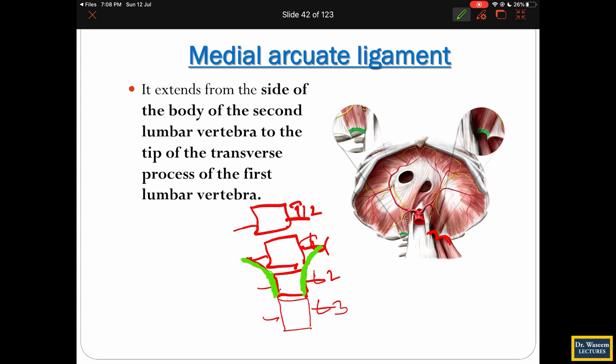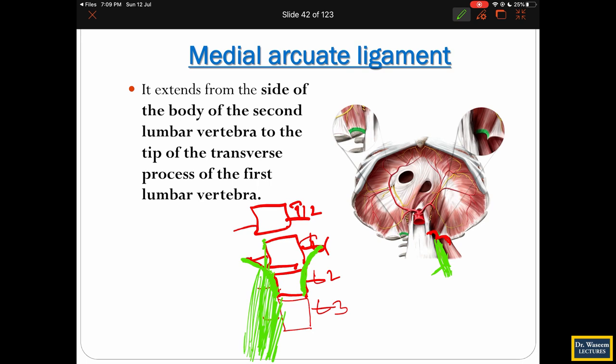Actually, the medial arcuate ligament is nothing special, because we have already seen that from the sides of your L1 intervertebral disc and the tips of the transverse processes of your lumbar vertebrae, a muscle is coming here, called the psoas major muscle. You have seen the psoas major in your lower limb also. The psoas major is not looking brown here, because it is covered by a fascia.